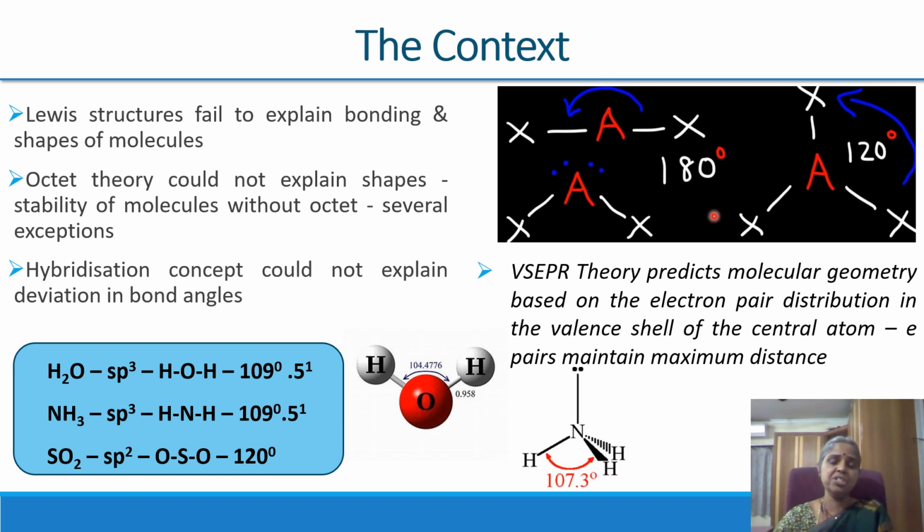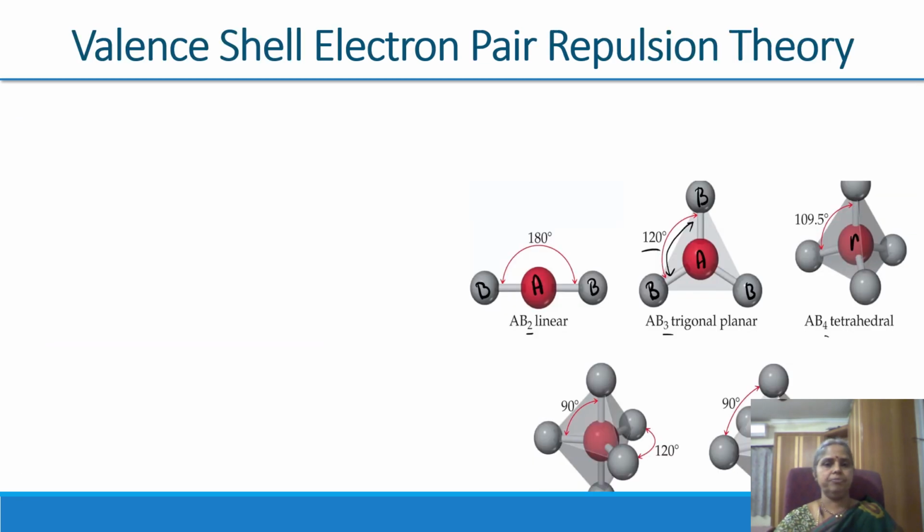So, the valence shell electron pair repulsion theory is basically focused on explaining molecular geometries and deviations in bond angles based on the repulsive interactions between electron pairs in the valence shell of the central atom. Now, let us see, here some examples are shown.